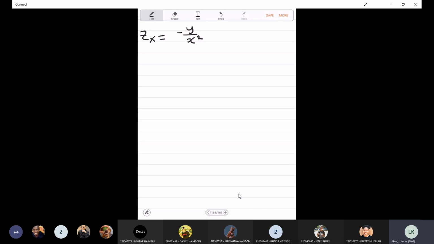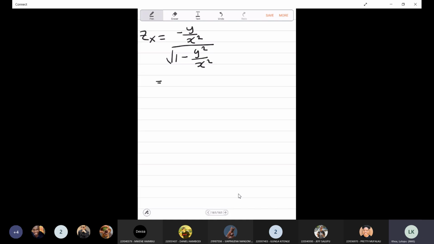That's a derivative of the numerator, and then in the denominator we have the square root of 1 minus y squared over x squared. Okay, then we simplify this as far as possible.